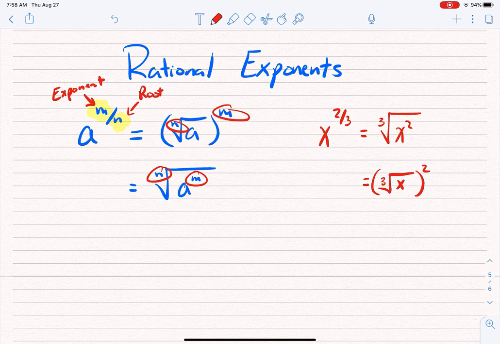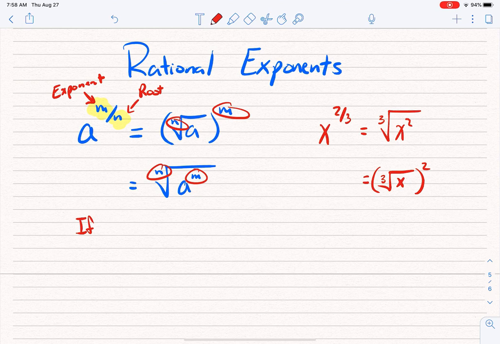Okay, with that said, now let's take a look at some of these problems. There's one little catch on these that is in your book, and so what they do is they don't want to start bringing in all that absolute value and trying to go, okay, when is it going to be absolute value? When is it not going to be? Even your book says, hey, what we're going to do is we're going to say if n is even, and look at what n is. Remember, n was the root.